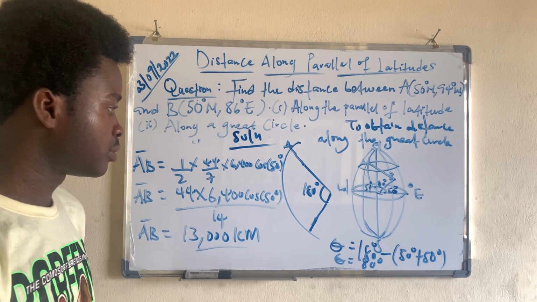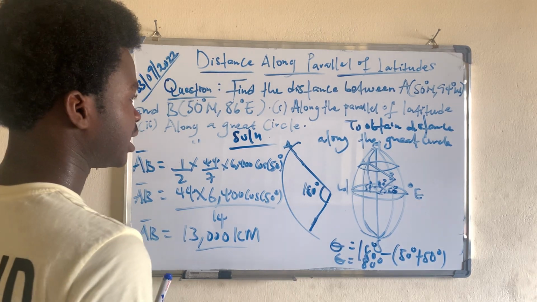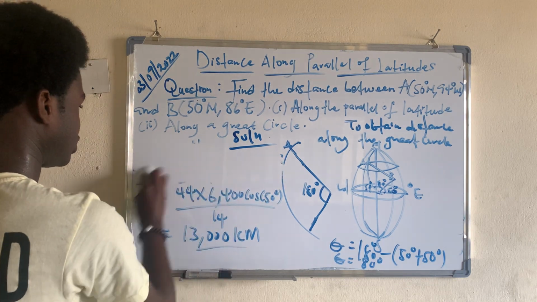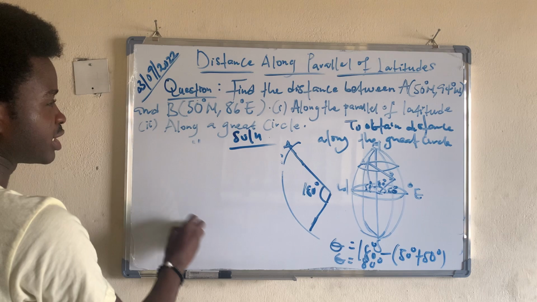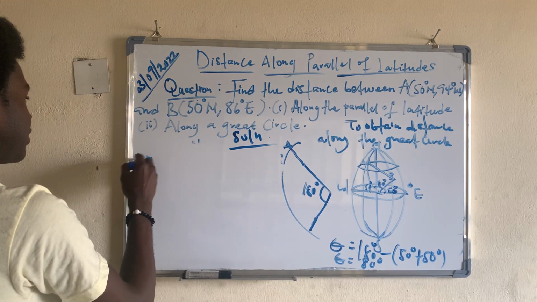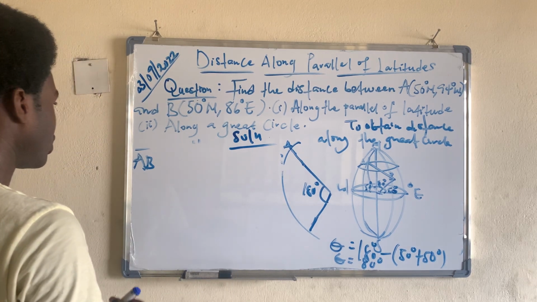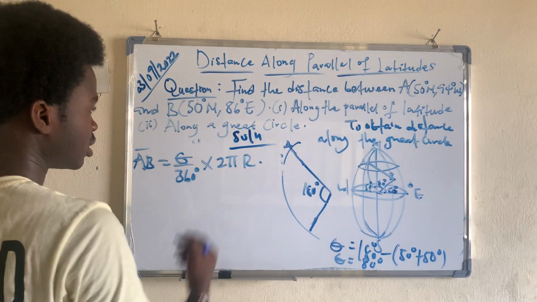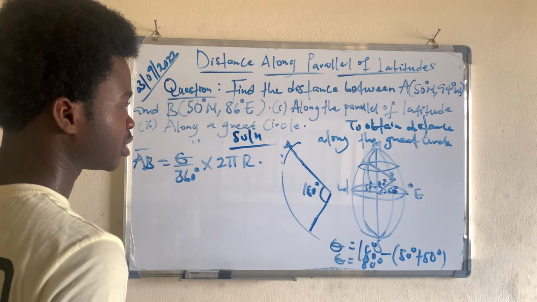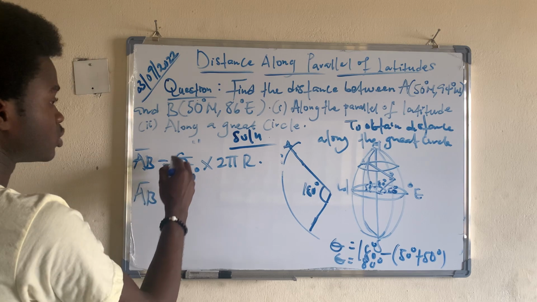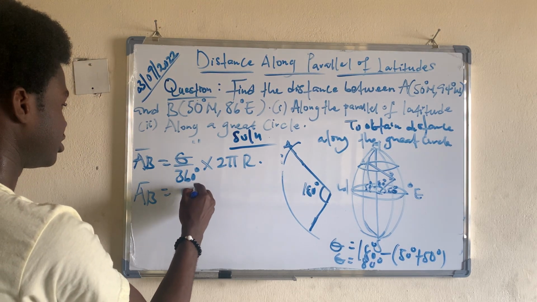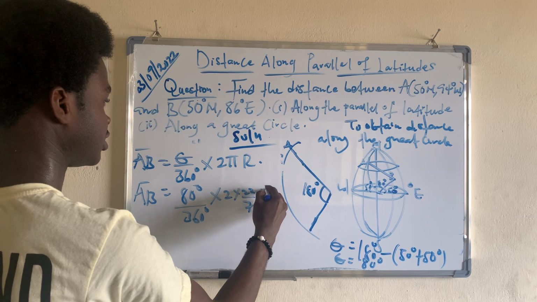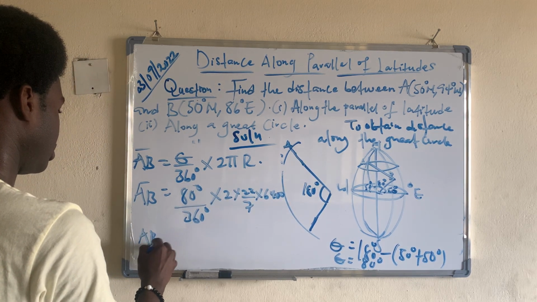So we can now obtain the distance of AB along the great circle. The distance along the great circle has a different formula, so we don't have to include cos theta. It is just simply theta over 360 degree times 2 pi r. We did something similar in previous lectures. So AB is equal to, theta is 80 degree, over 360 degree, times 2 times 22 over 7 times 6,400.